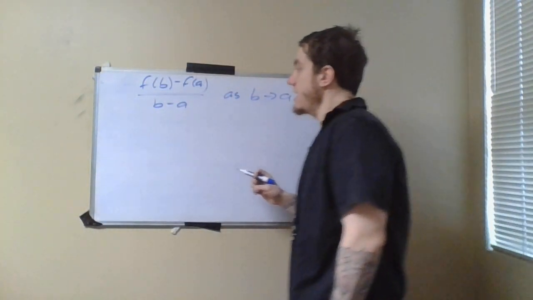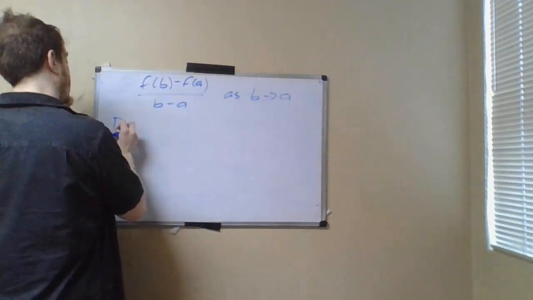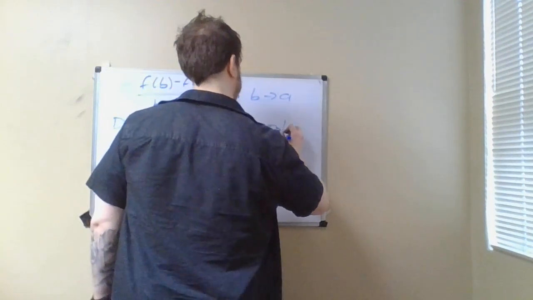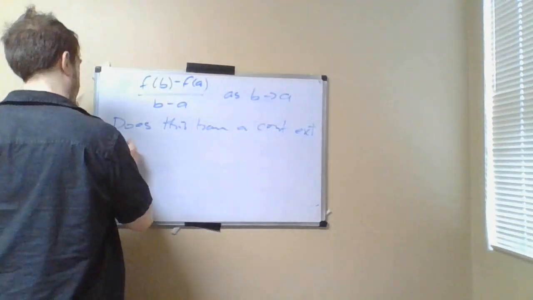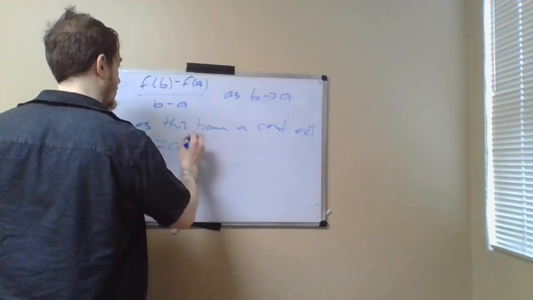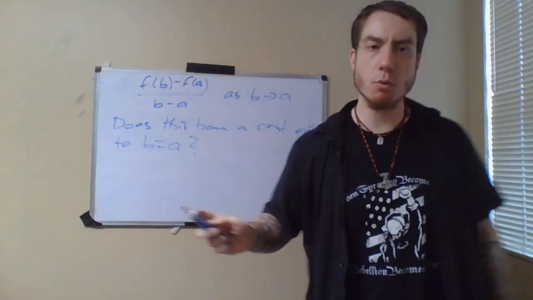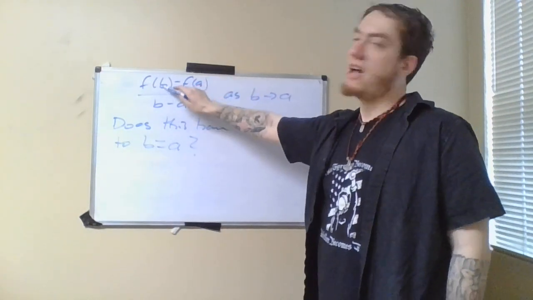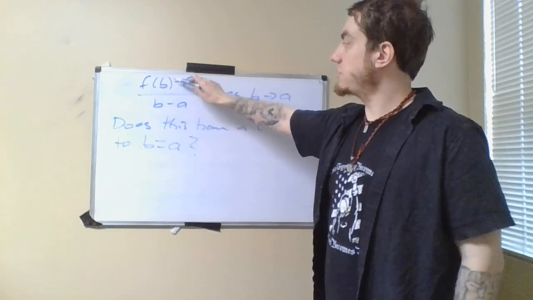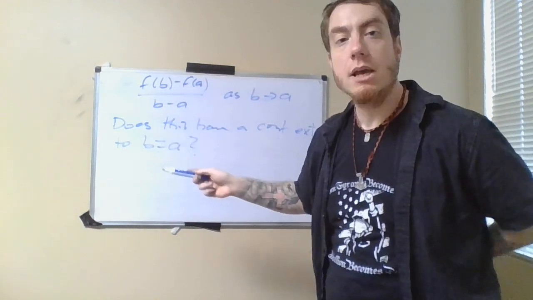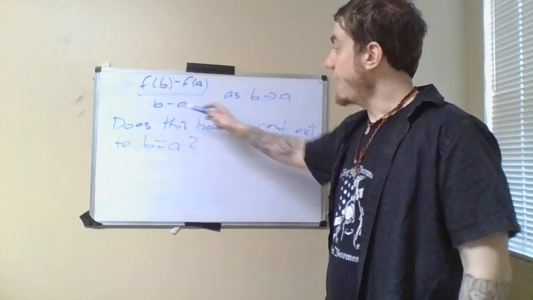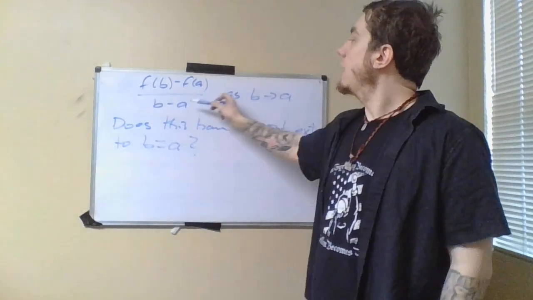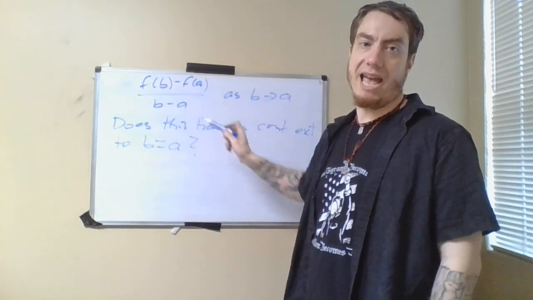Our question is, does this have a continuous extension to b being equal to a? In other words, I can think of this as a function of b. I fix the point a and allow b to be a variable, and then this whole expression becomes a function of b that is well defined as long as b is not equal to a, and as long as the function is defined, of course. But it's not defined when b is equal to a.